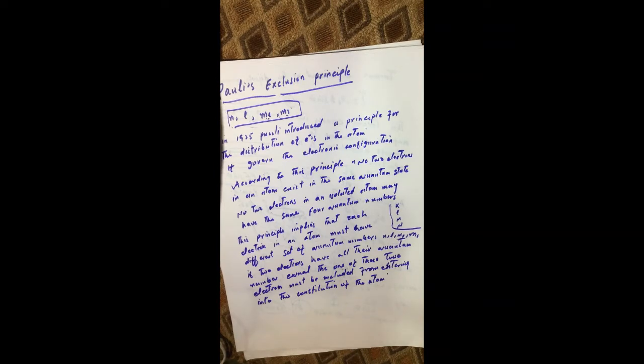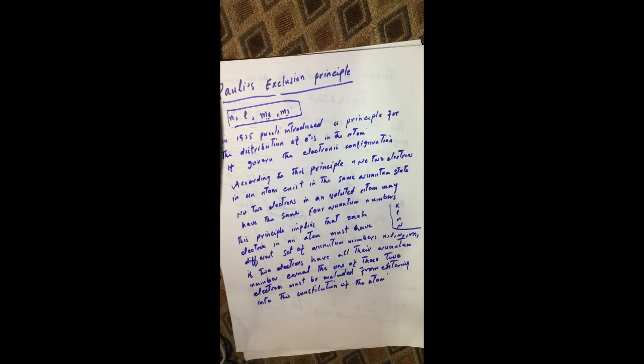This idea comes from the fact that if electrons were crowded in a single orbit, suppose 10 electrons all in a single orbit, then the chemical properties of the element would not change with atomic number, because all the electrons are crowded in the same orbit. But this is not true, because different atoms have different chemical properties.